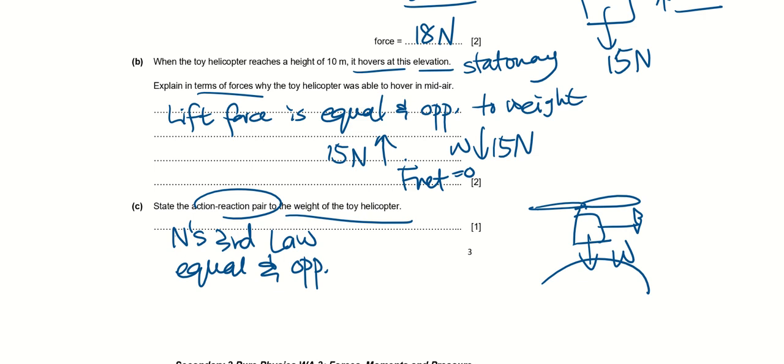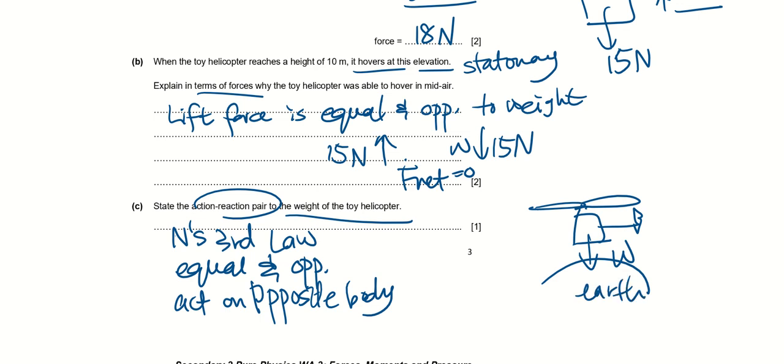They must act on opposite bodies. So the weight is actually acted on the helicopter by the Earth. That means the helicopter must be pulling the Earth up. That is the action-reaction pair.